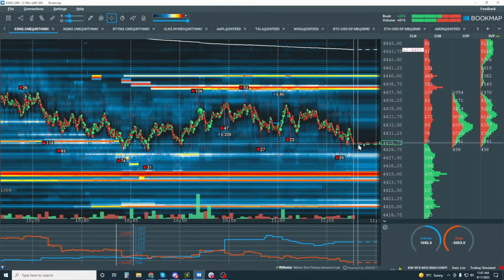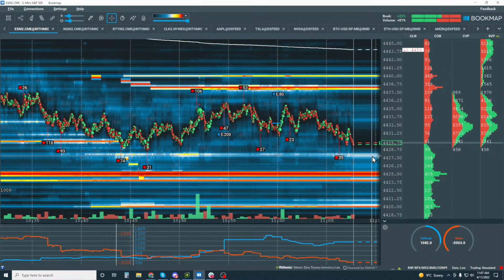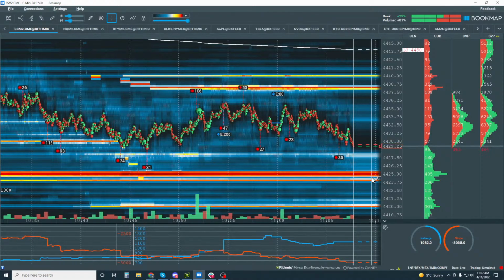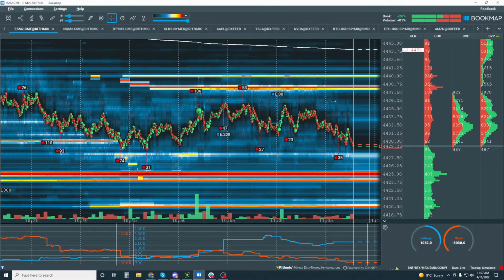Okay, more likely sellers here again, liquidity here at 28 and then 25. We can get a nice move here.